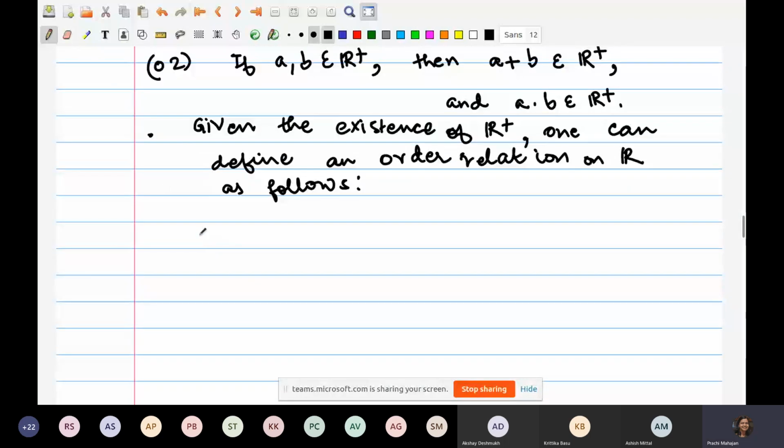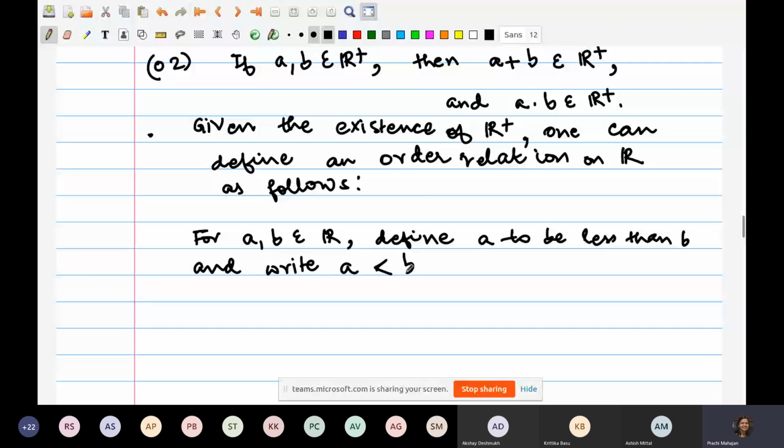For any two elements A and B in the set R of real numbers, this is my definition: define A to be less than B, and I'm going to write it using this symbol, if the following is true. I take B and sum it with the additive inverse of A, and if that sum happens to lie in this non-empty subset of R, whose existence we postulated just above, then we say that A is less than B. Is this okay?